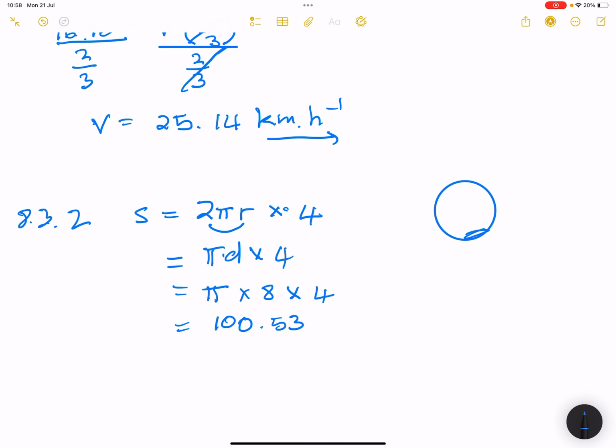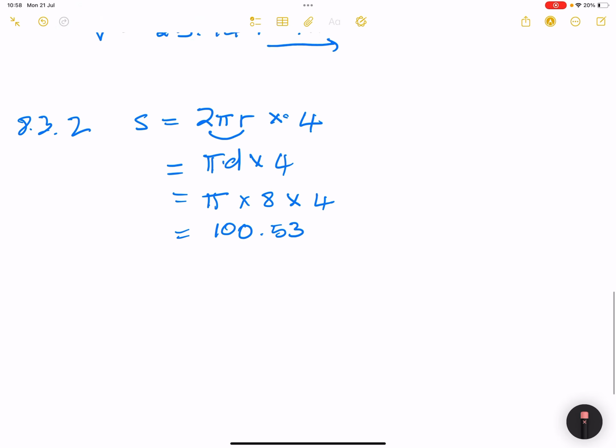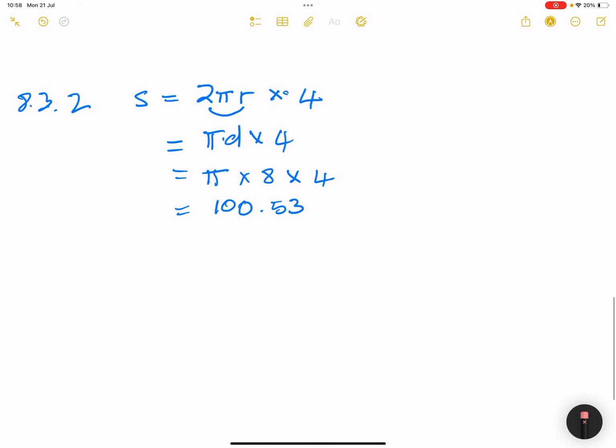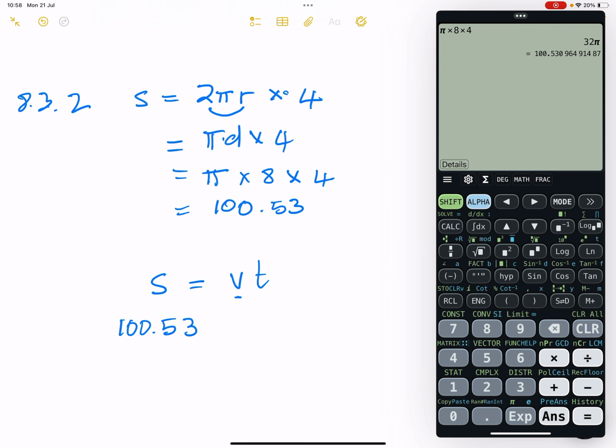Now, I found the distance. So we know if we are looking for the time, we always say S is V multiplied by time. We know what the distance is, and the speed is, so that's 100.53. Okay, let me see, I calculated that correctly.